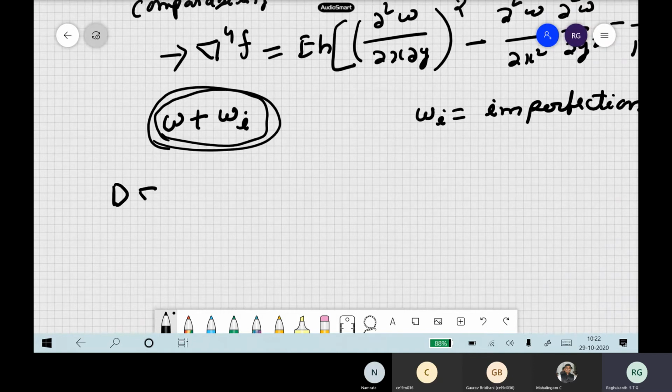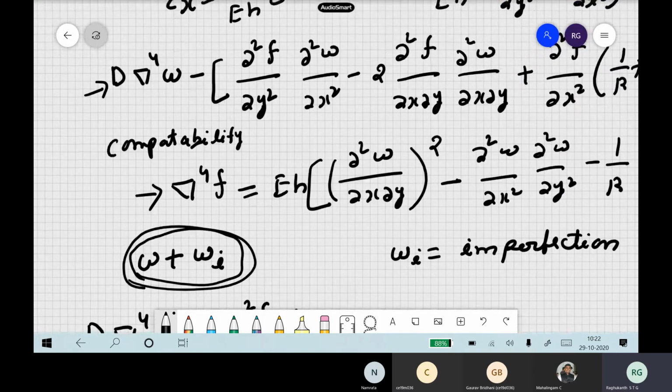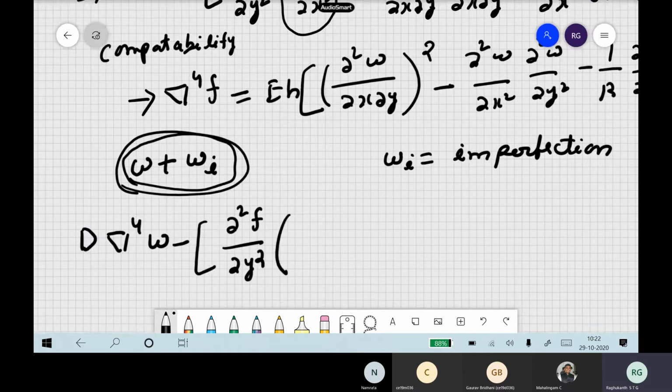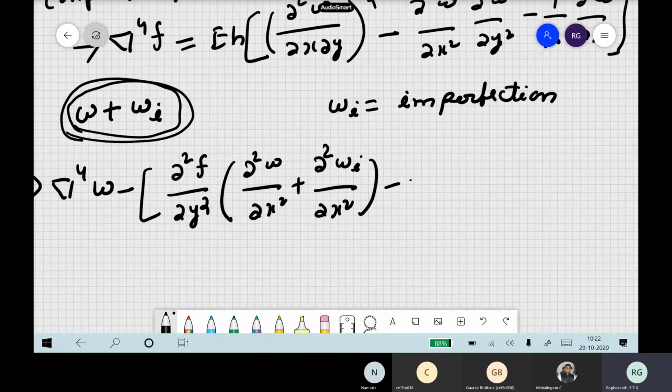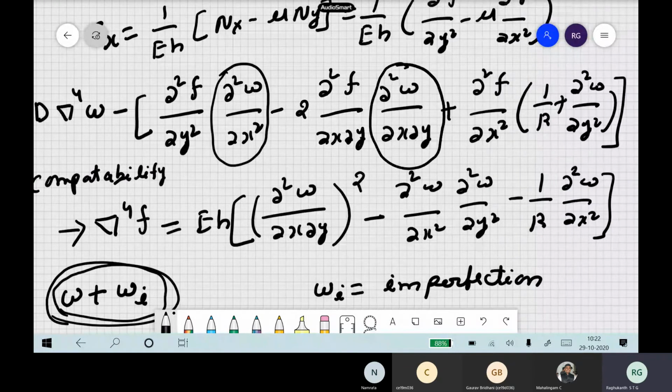So you can write the first equation as minus ∂²f/∂y². In this expression we have ∂²w/∂x², but now w is w plus wi.